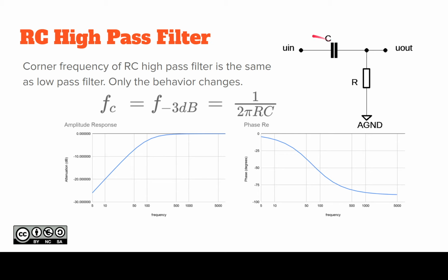So here we have the amplitude response of the same circuit except swapping the C and R. And the corner frequency is exactly the same for high pass and low pass filters. So not much to change in the design. Just swap the R and C.